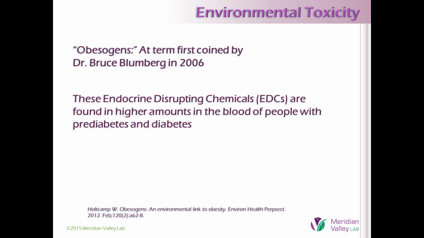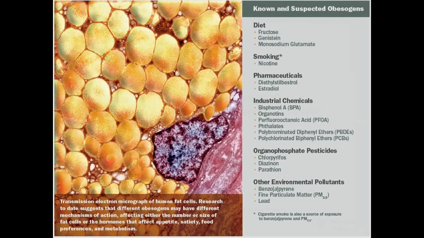Hopefully that's changing. But what we know so far is that some of these endocrine disrupting chemicals can play the role of an obesogen, which is a term that was first coined not very long ago at all, so it just points out the newness of this field. Take a look at this list. It's really startling, to be honest with you. These are known environmental endocrine disruptors, but they're also obesogens.